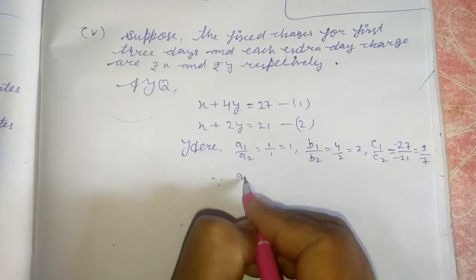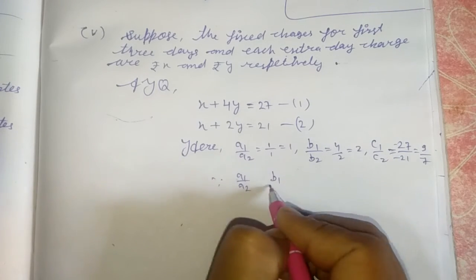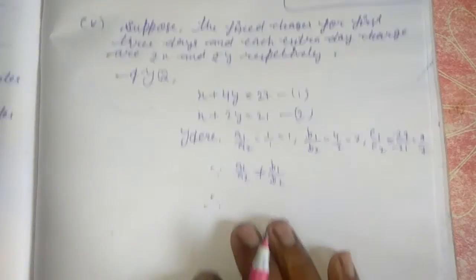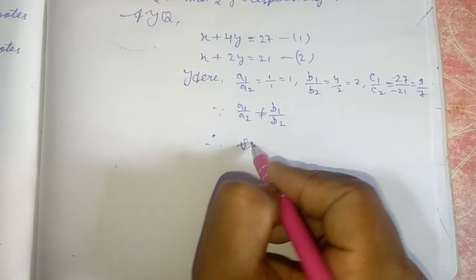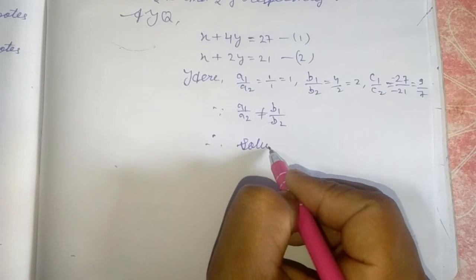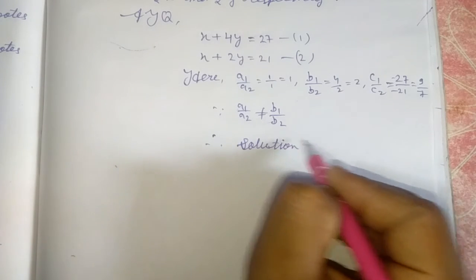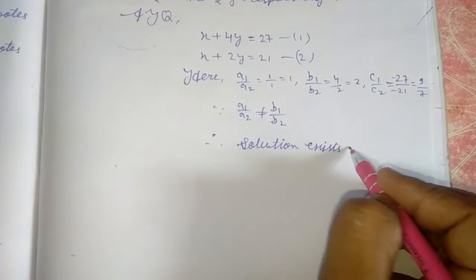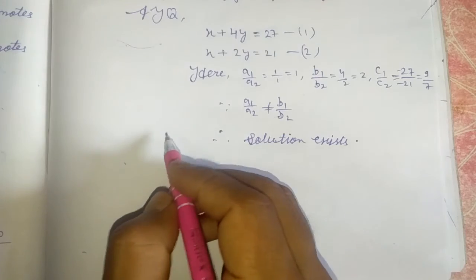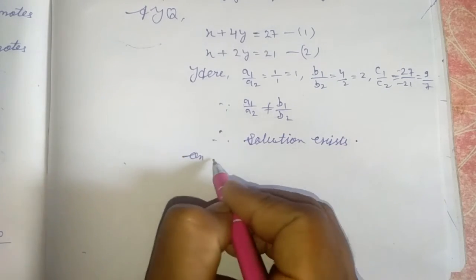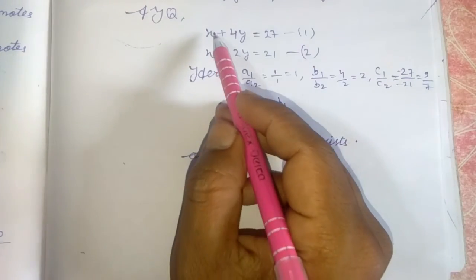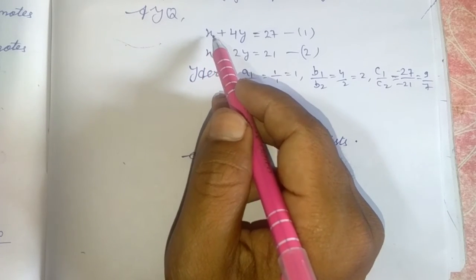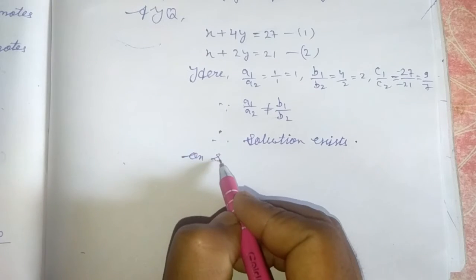Since a1 upon a2 does not equal b1 upon b2, therefore a unique solution exists. Okay, now here we can see that the coefficient of x in both equations are same.